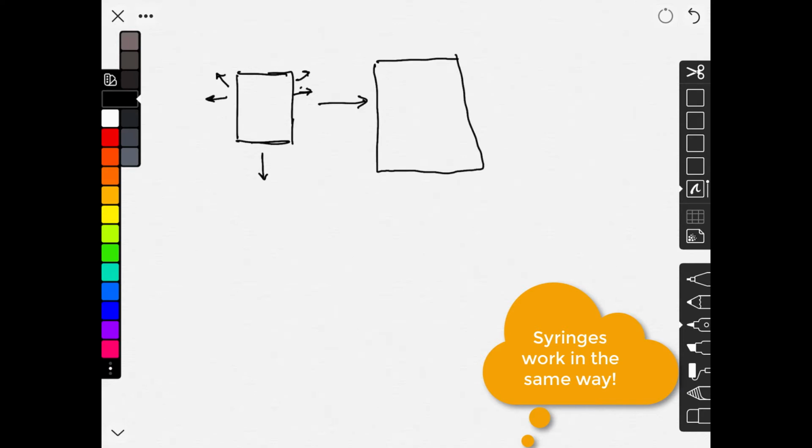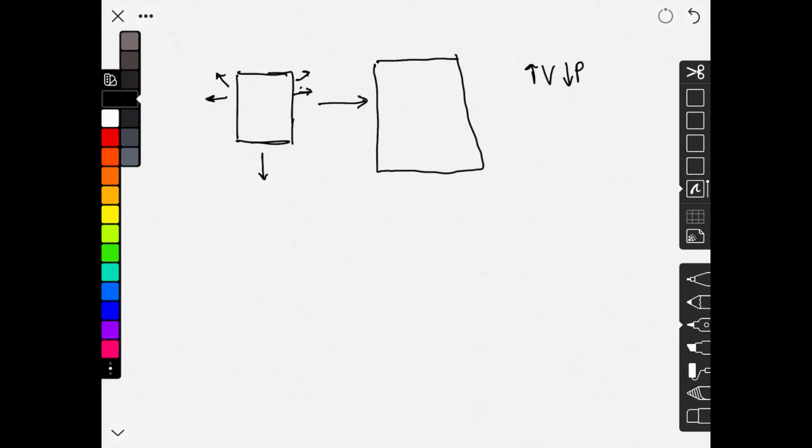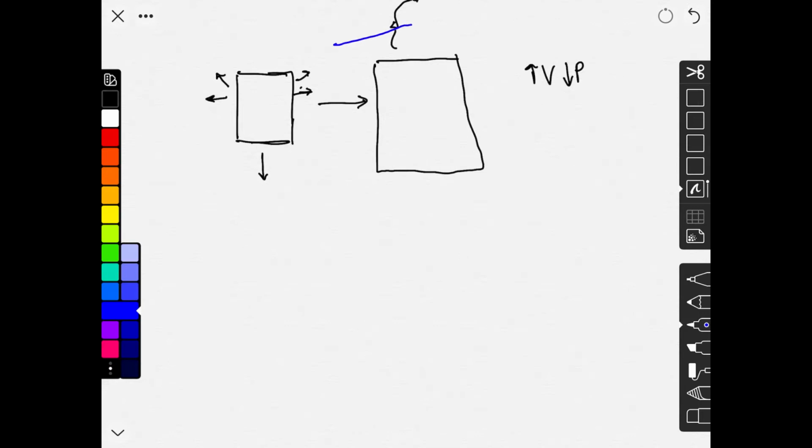Now remember, we said as we increase the volume, we get a decrease in pressure. What this decrease in pressure does, if we think in terms of a whole body, is now air is going to get sucked in through your nose and mouth into your lungs because now this air is at lower pressure than the air outside of your body.